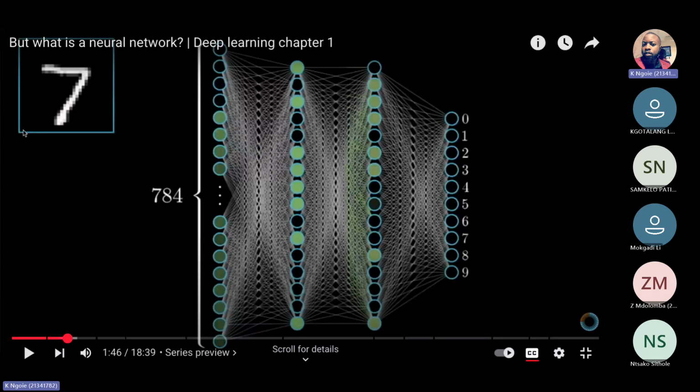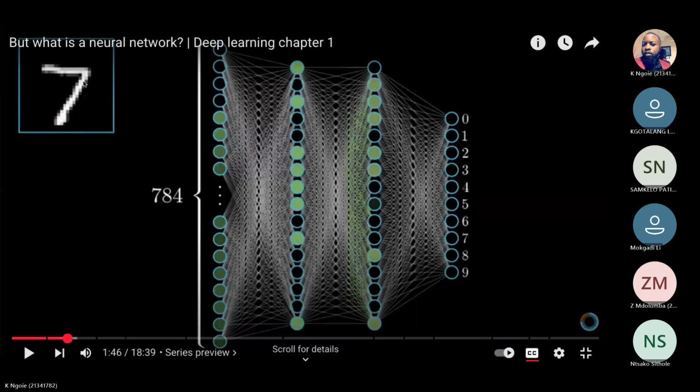As you can see here, if I'm looking at the pixel here in the corner, you can see it's an empty space. All these will be given a value of 0 because there's no shade, there's nothing. But here, they're going to have certain values that go from 0 to 1 to show the shade.